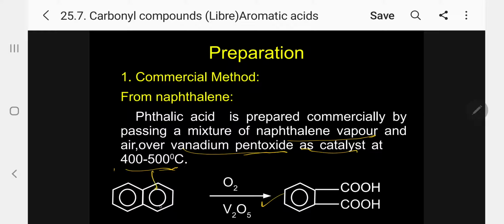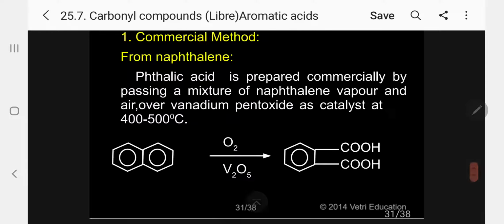The bond breaks here, and carboxylic groups are formed. So this is called phthalic acid, or benzene 1,2 dicarboxylic acid. This is the most important commercial method of preparation.